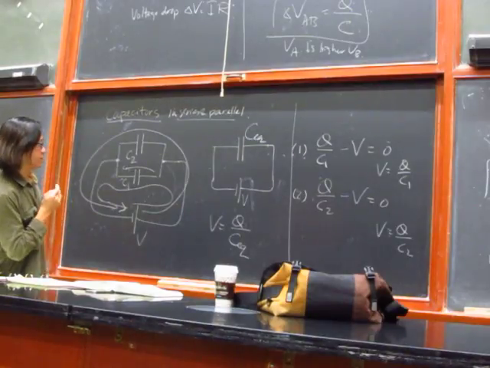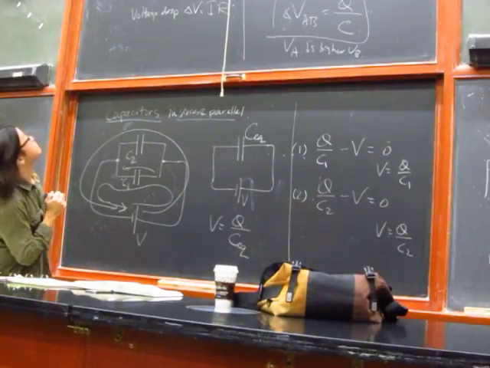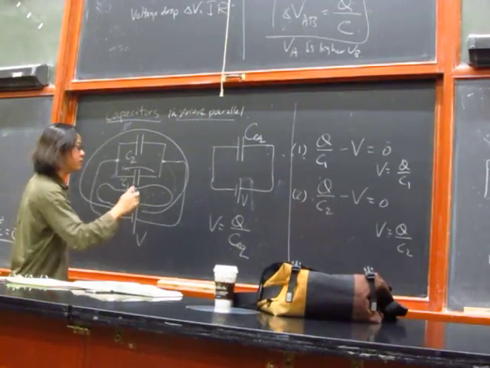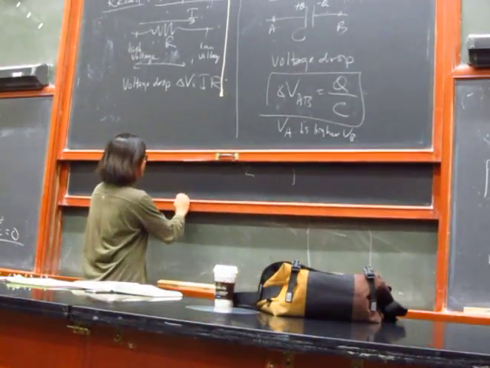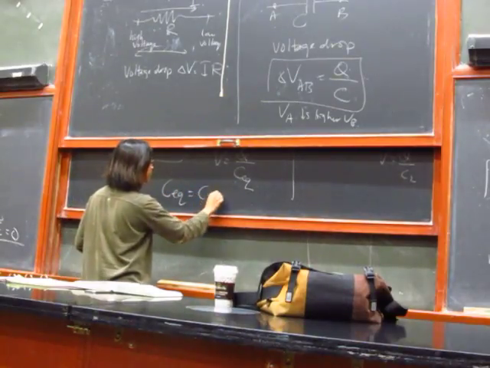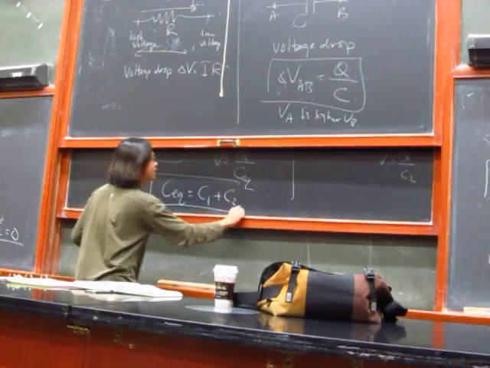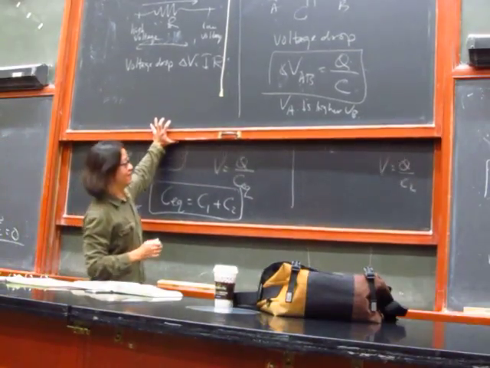What am I trying to do here? Did I make a mistake somewhere? Somehow I cannot think. I don't have it in my notes. So what I was trying to show is that C equivalent in this case is equal to C1 plus C2. I think I got lost in the answer here.